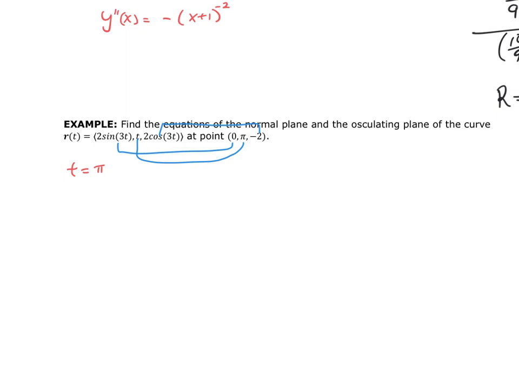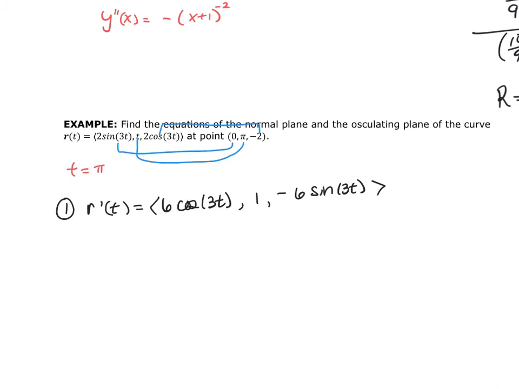That's kind of nice. Okay, now let's go ahead and differentiate twice. So r prime of t is going to give us, I have 3, so 6 cosine of 3t, and then I have 1, and then I'll have negative 6 sine of 3t.